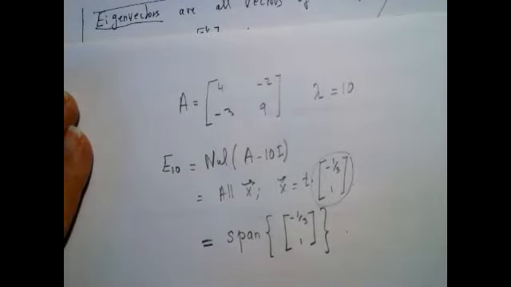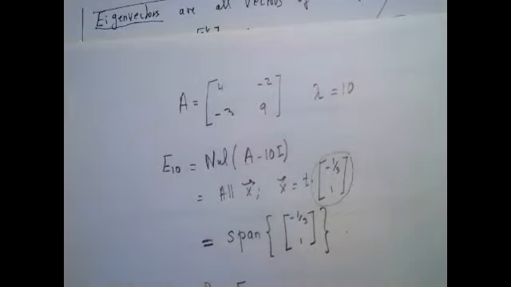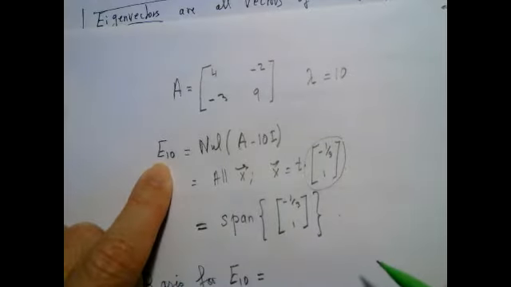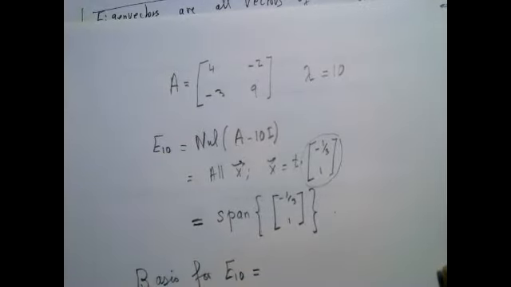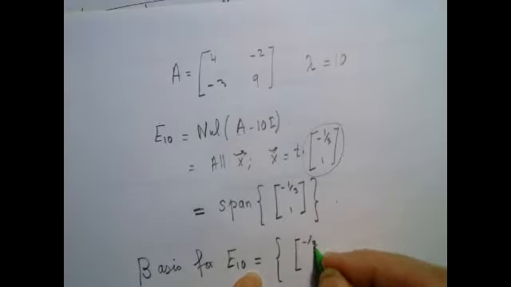So what's the basis for E10? It's a null space. So what's the basis of it? It means what are the vectors that, when you span them, you get all of the eigenvectors, and they are linearly independent. In this particular example, the basis for E10 will be the vector minus a third, 1.